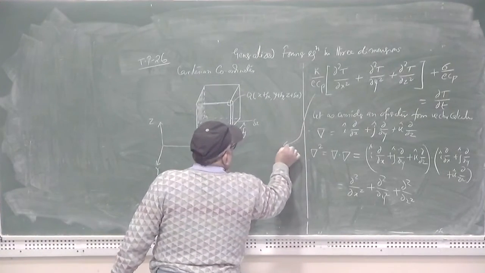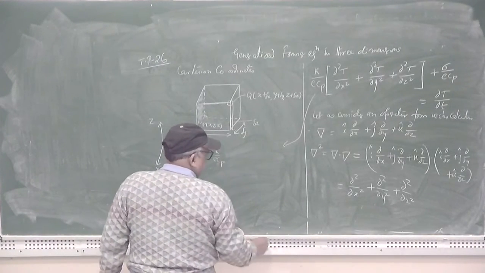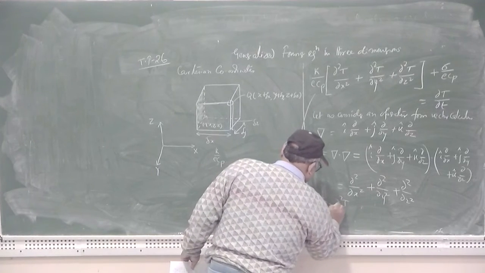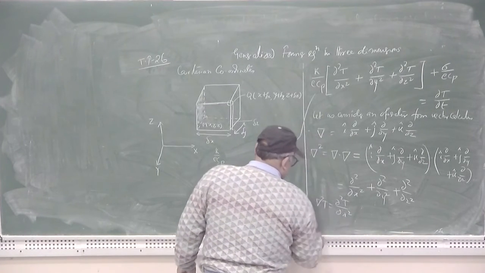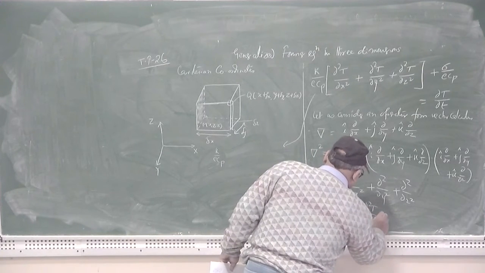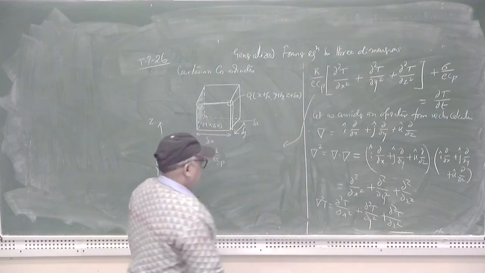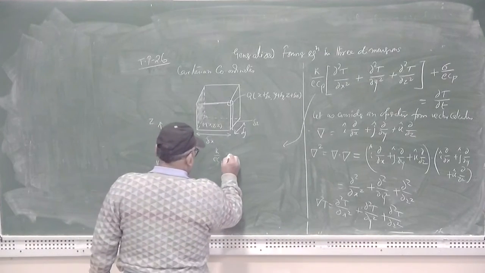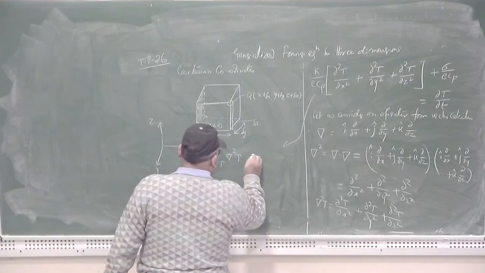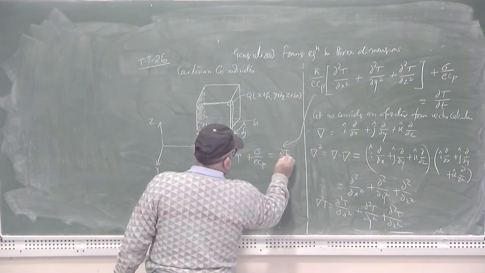So this equation can be written as K upon rho Cp del square T, that is equal to ∂²T/∂x² plus ∂²T/∂y² plus ∂²T/∂z². K by rho Cp into del square T plus sigma by rho Cp is equal to ∂T upon ∂t.